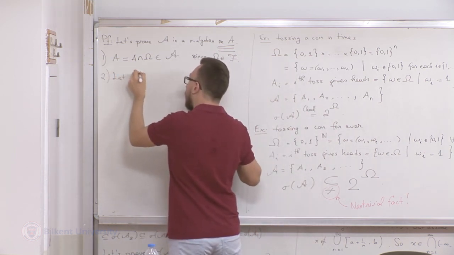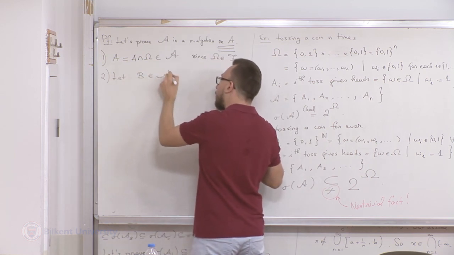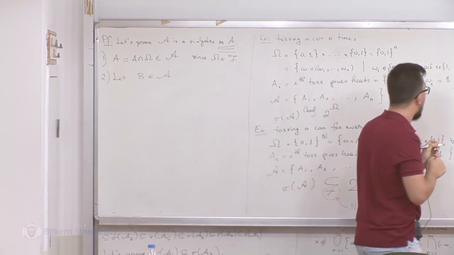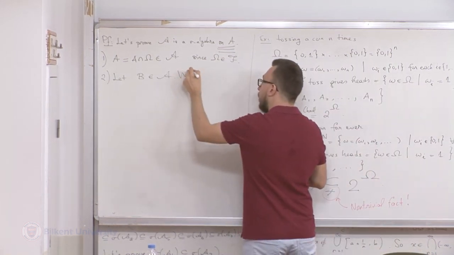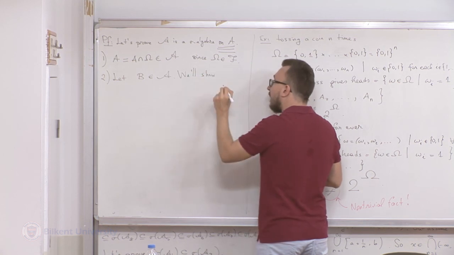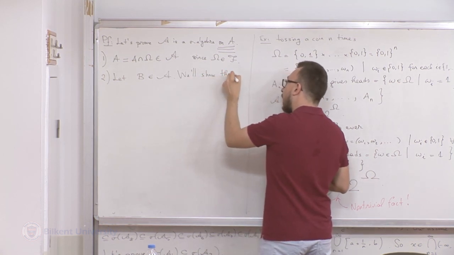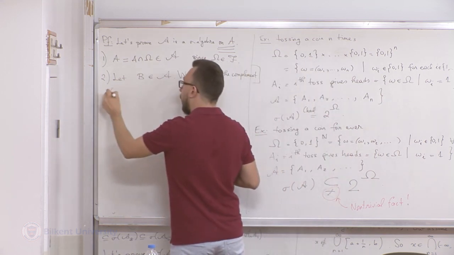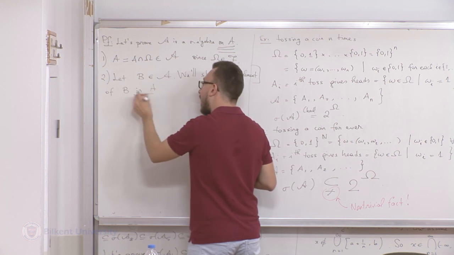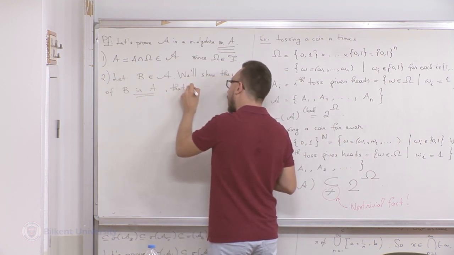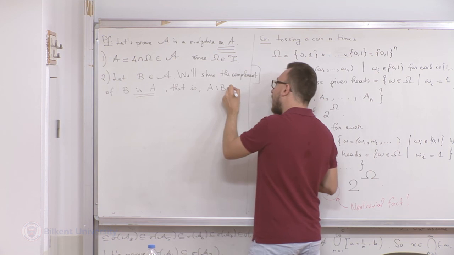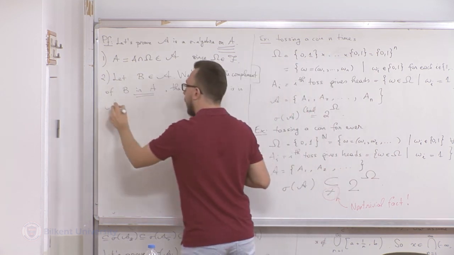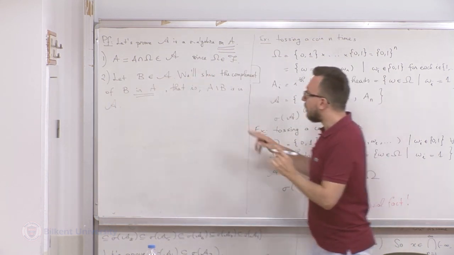Let B be in script A. We'll show the complement of B in A, that is A minus B, is in script A. Okay?